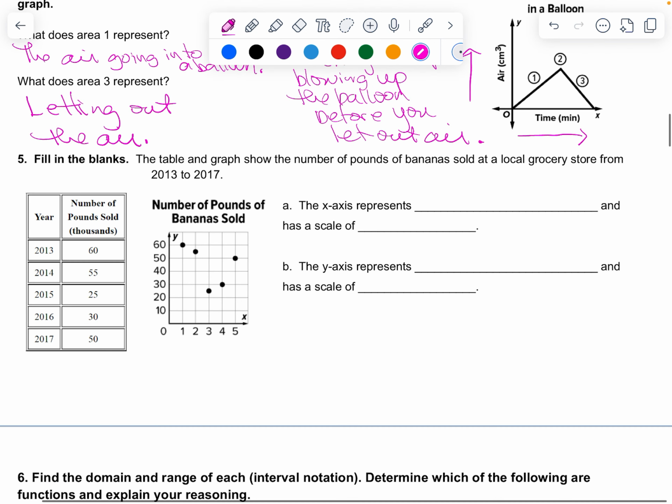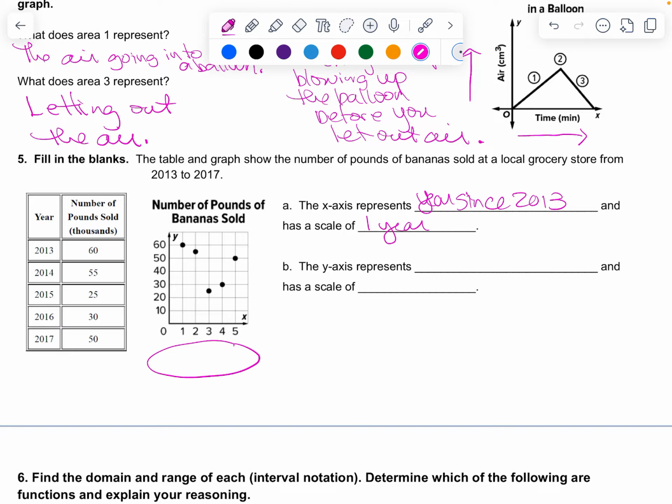Okay, so this next one says the table and graph show the number of pounds of bananas sold at the local grocery store from 2013 to 2017. So the x-axis represents, so this down here, what does it represent? It represents the year since 2013. And the scale, 1 year.